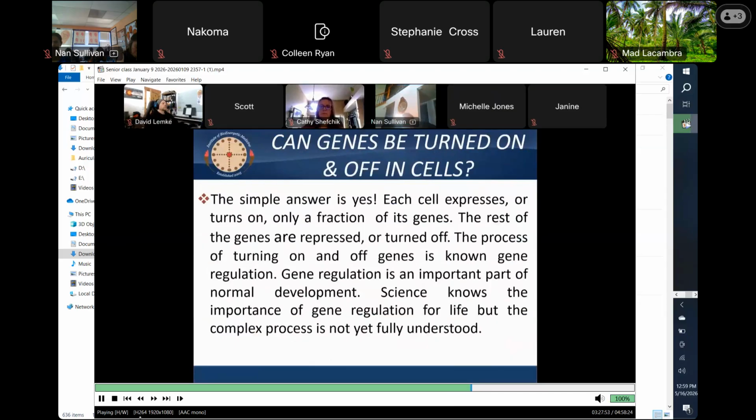The process of turning on and off genes is known as gene regulation. Gene regulation is an important part of normal development. Science knows the importance of gene regulation for life, but the complex process is not yet fully understood.